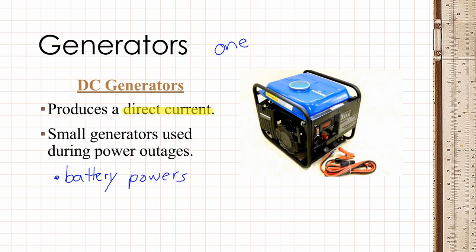So things like your cell phone or flashlight, small devices, are run on direct current. You actually have to take alternating current in the outlet and convert it over to direct current to power your phone. That's why you have the little box that you plug it into. That little box that has the outlet plug in it, with the cord running from it, is actually a converter between AC and DC.